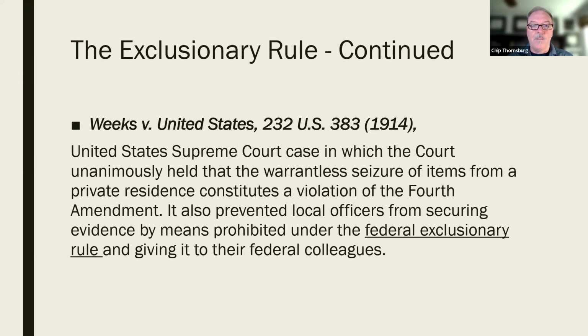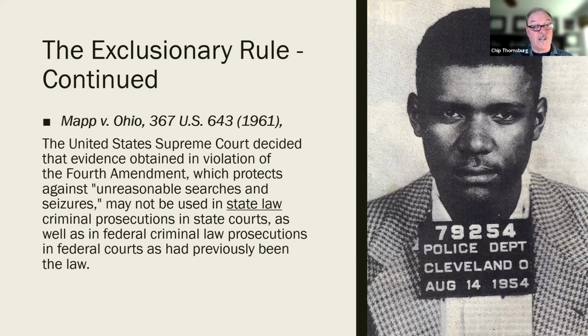And so basically, it came back and said, look, the exclusionary rule applies to federal courts, but just because it's a federal prohibition, they called this the silver platter, you can't get local officials, you can't get state law enforcement to go do an illegal seizure, seize a bunch of evidence, and then give it to the federal agencies for prosecution, right? And so that's also prohibited. So that's from 1914. 1961 was the next time this comes up.